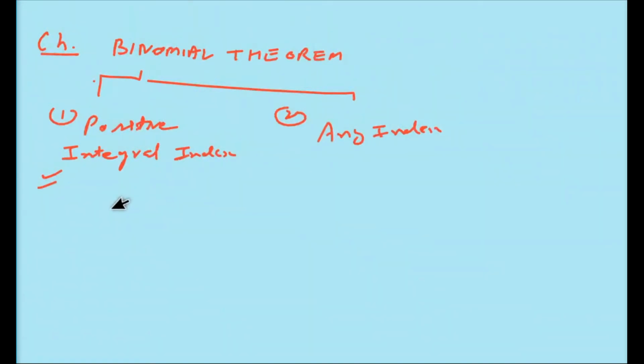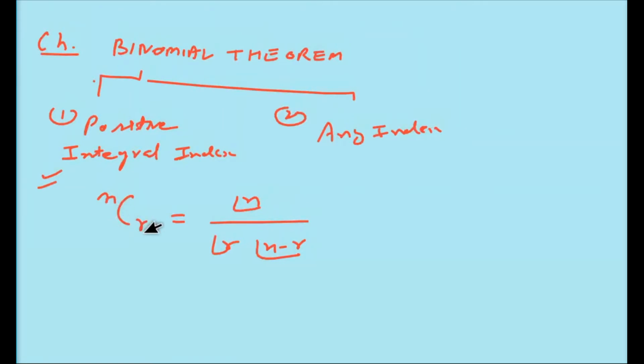In the permutation and combination chapter, you have learned the meaning of this: nCr is factorial n upon factorial r, factorial n minus r. In this chapter, what is the meaning of nCr?